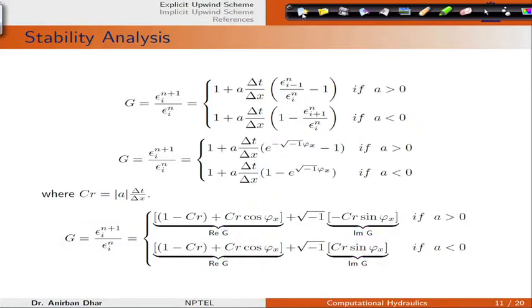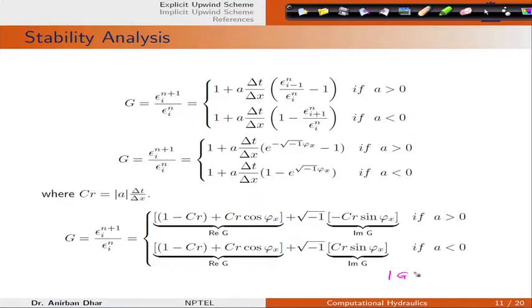Now, as per our von Neumann stability criteria, this modulus of G should be less than or equal to 1.